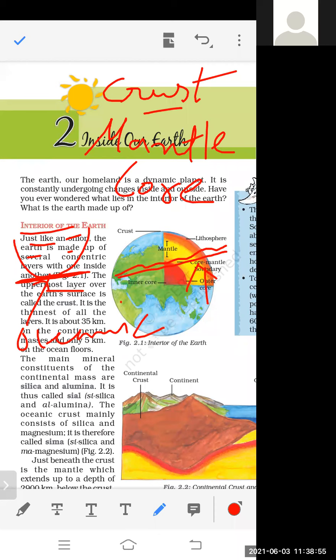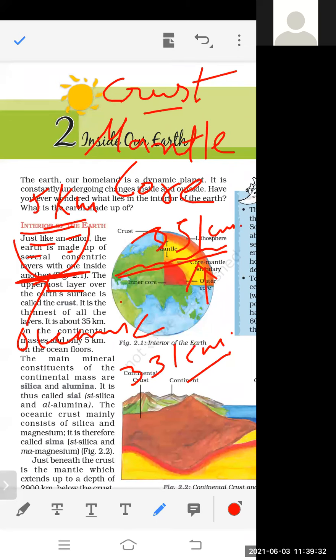Due to the coverage of water over a large part of the oceanic crust, the thickness of oceanic crust is only 5 kilometer, while the continental crust is made up of solid rocks, so it is about 35 kilometer.